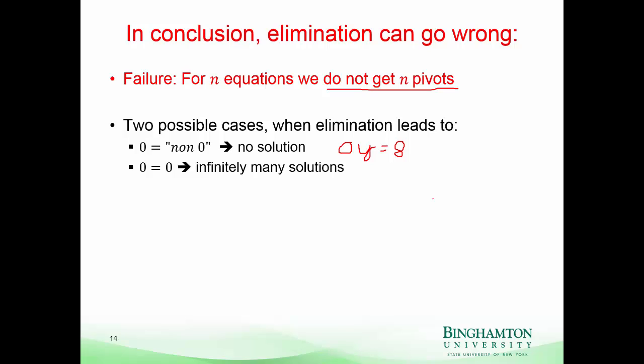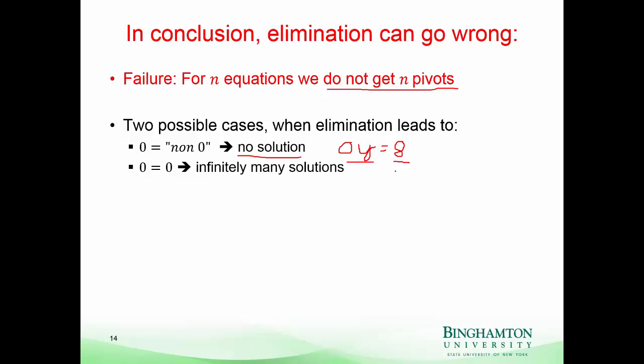In that case, there's no y that we can pick that when multiplied by 0 gives us 8. So that's what I mean by 0 on the left side is equal to non-zero on the right side. And so that means there's no solution for that.